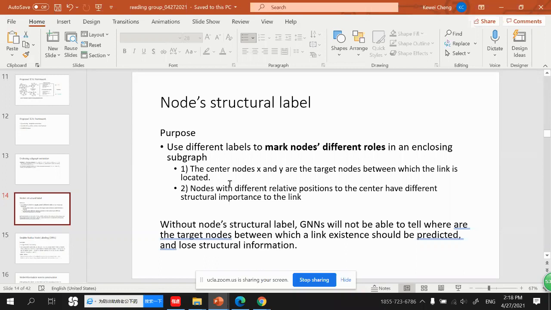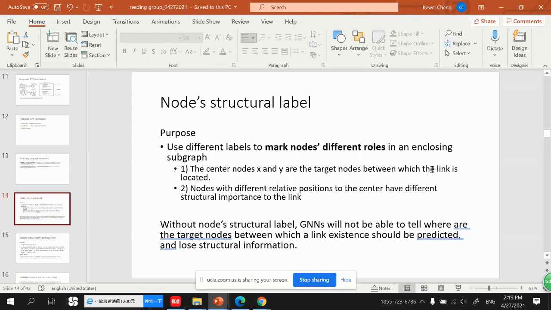The first sub-goal is that we have to design a mechanism to identify the center nodes X and Y, because they are the target nodes we're trying to predict. In addition, we also want to ensure that nodes with different relative positions to the center nodes X and Y can have different structural importance to the link.